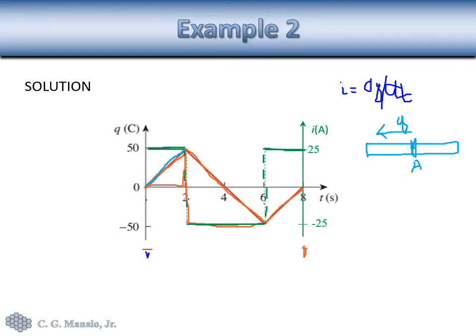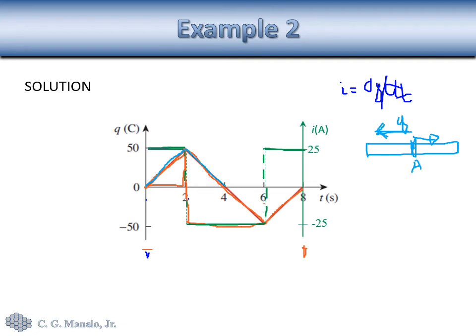Then after 2 seconds, you notice that the amount of Q that crosses is decreasing, or the net Q that crossed is decreasing. So that would only mean that Q must be flowing in the opposite direction, in order for Q to decrease from 50 going down to 0 here.